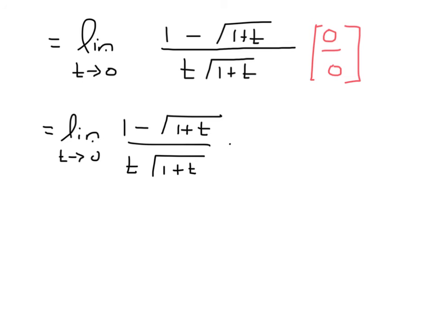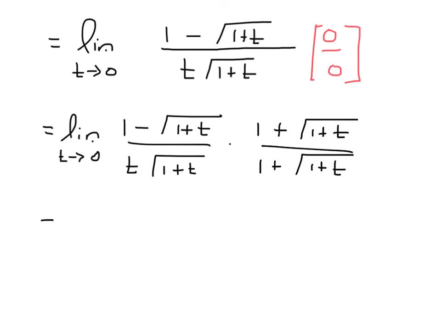So 1, and now plus root 1 plus t divided by 1 plus root 1 plus t. So we haven't changed our function at all because we multiplied and divided by the same number. We just multiplied our function by 1.